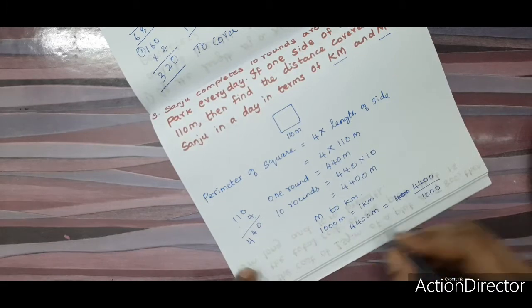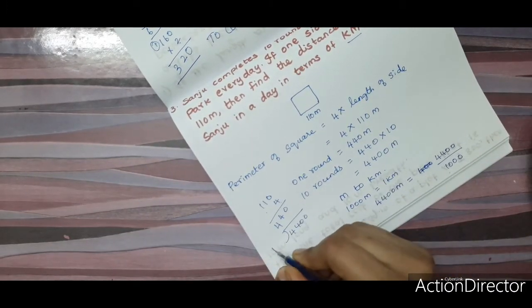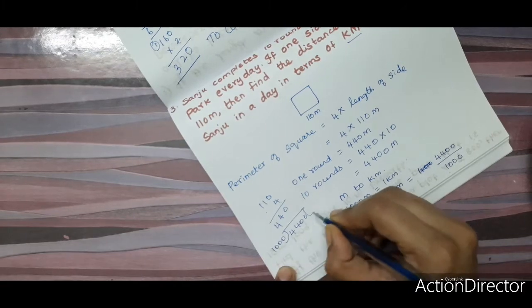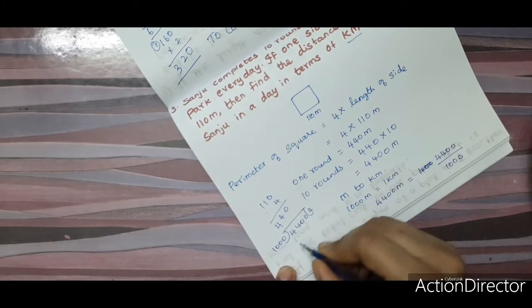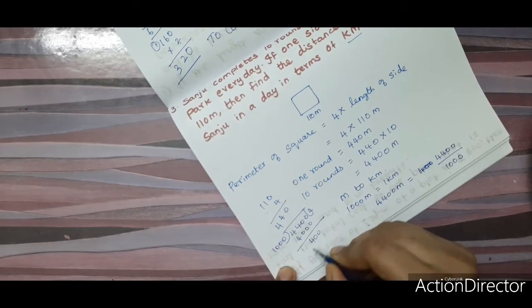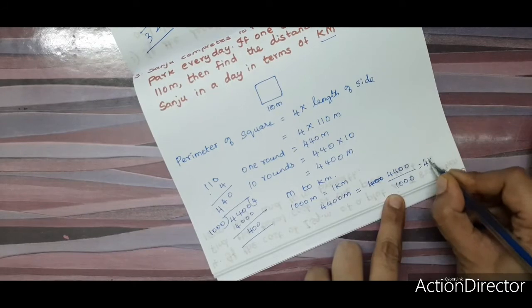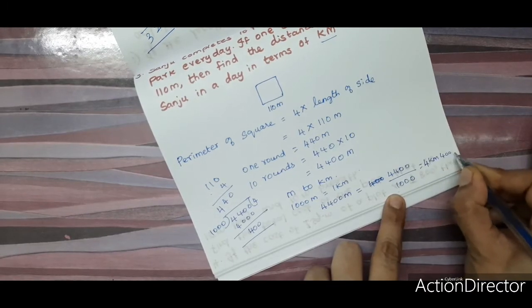So if we divide 4400 by 1000, 1000 fours are 4000. The remainder is 400. So the answer is 4 kilometer 400 meter.